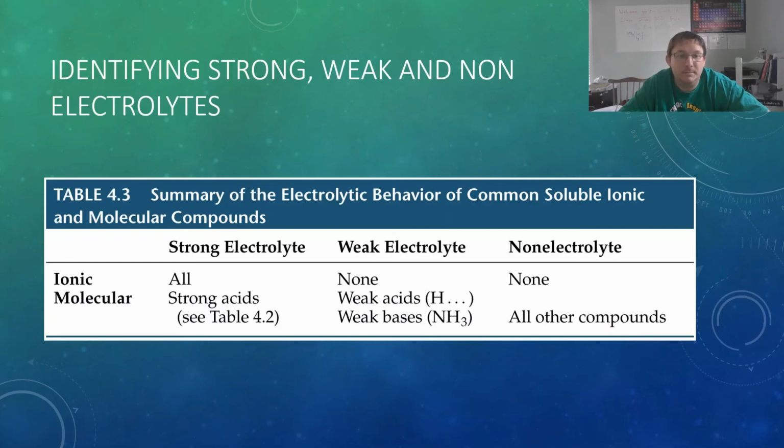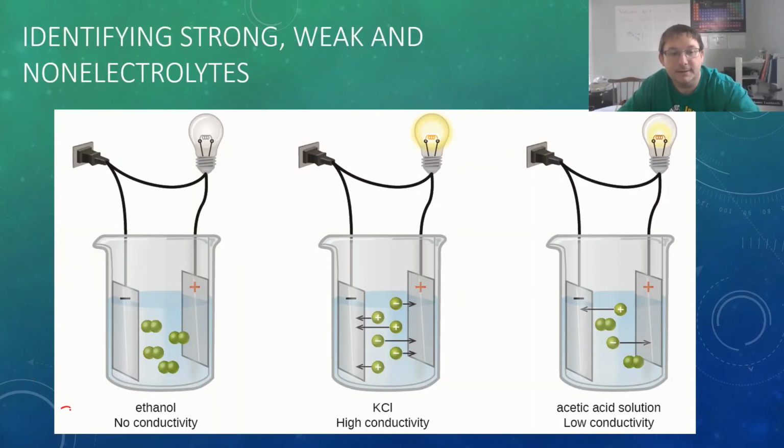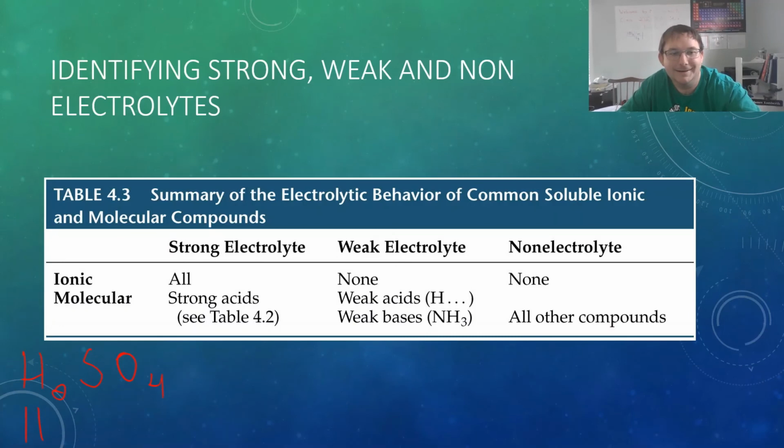Then molecular compounds that are strong electrolytes are strong acids, which is table 4.2 in your notes. You need to memorize these: H2SO4, HCl, HBr, HI, HNO3, HClO3, and HClO4.